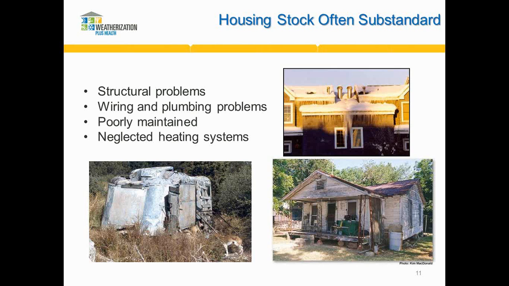Heating systems in particular are something that is of great concern to us, because when we tighten the house, if the heating system isn't operating safely, it can sometimes exacerbate the situation. So we often come across heating systems that haven't been maintained. They are unsafe and can be dangerous, including high levels of carbon monoxide.